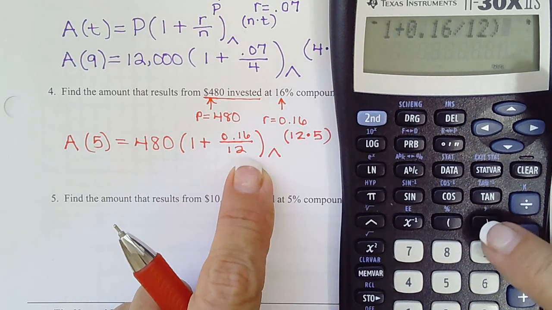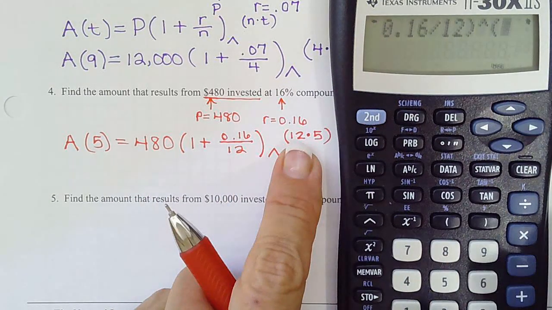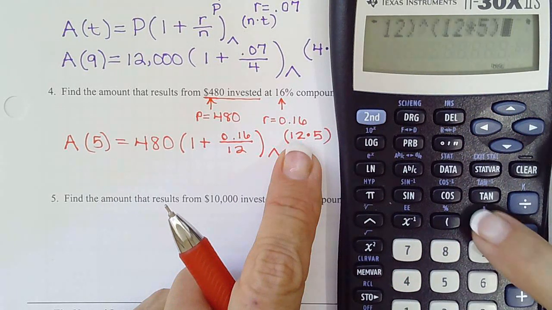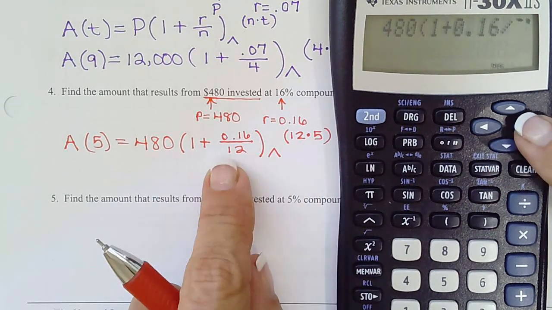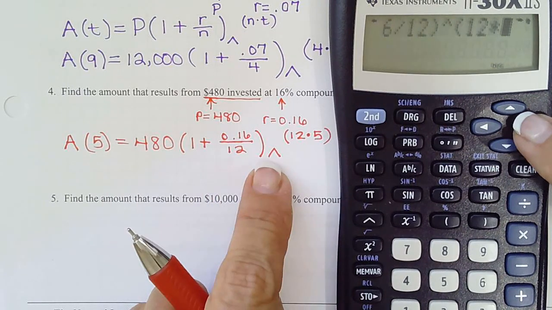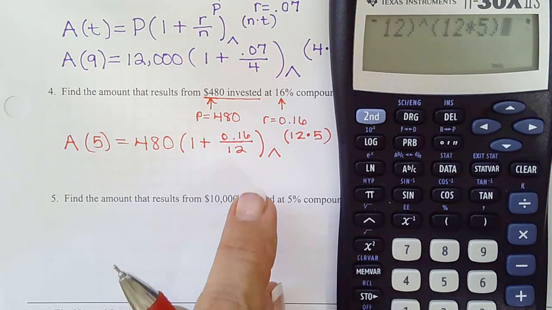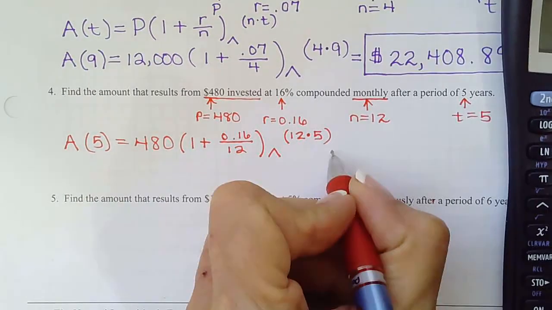Close your parentheses, caret, open your parentheses, 12 times 5, close. So let's make sure everything looks good. We can use our left arrow: 480, 1 plus 0.16 divided by 12, close, caret, open, 12 times 5. Perfect. I always like to look at it first and make sure it's correct.